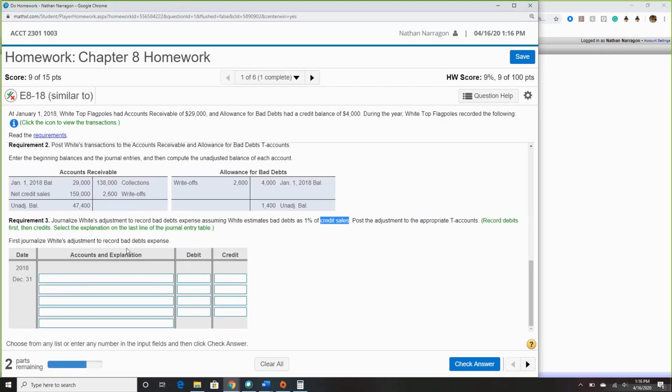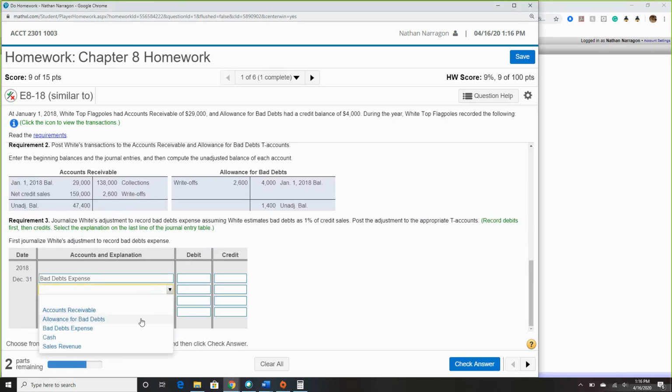But this is our journal entry. Under the allowance method, we always estimate bad debt expense and allowance for bad debts.